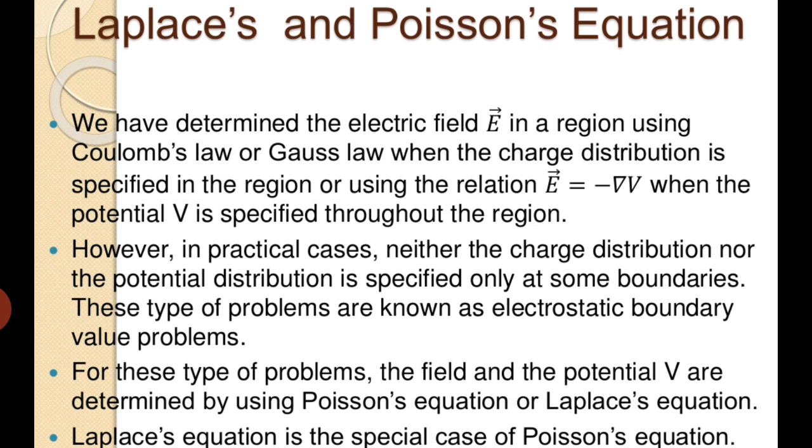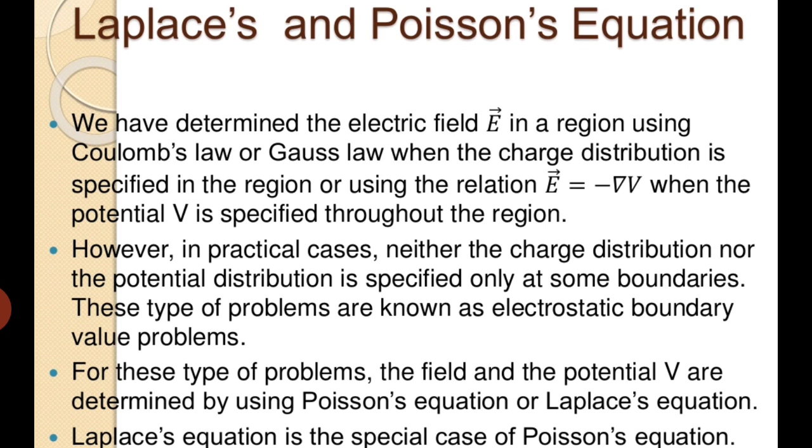So whatever field is available at the boundaries is utilized for the calculation of potential and field over the distribution. That is done by using Poisson's or Laplace equation. Hence Laplace equation is a special case of Poisson's equation, right? So this is about the Laplace and Poisson's equation.